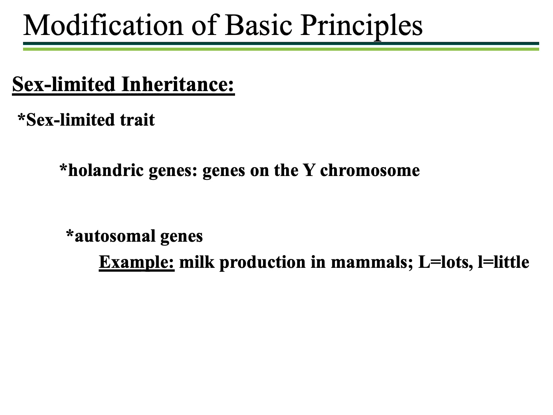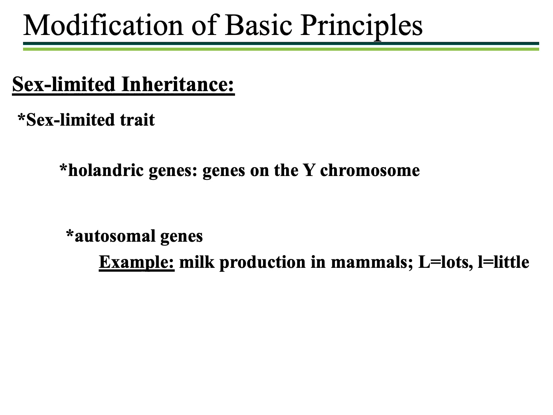Now, the first example is really straightforward and is the opposite of what we just talked about with X-linked. X-linked traits can show up in both males and females depending upon the genotype of the individual in question. A sex-limited trait is going to be something that is expressed only in one sex or the other.